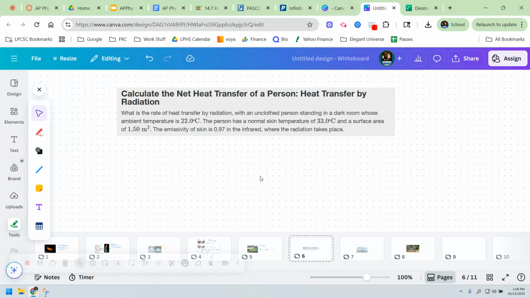What is the rate of heat transfer by radiation to an unclothed person standing in a dark room whose ambient temperature is 22 degrees Celsius, and the person has a normal skin temperature of 33 degrees Celsius, and the surface area of the person is 1.5 meters squared, and the emissivity of skin is 0.97 in the infrared, where the radiation takes place.